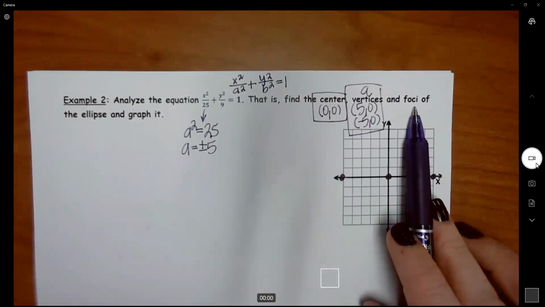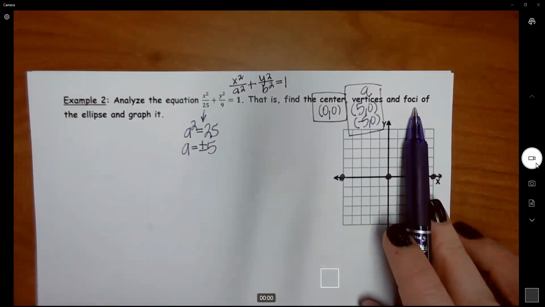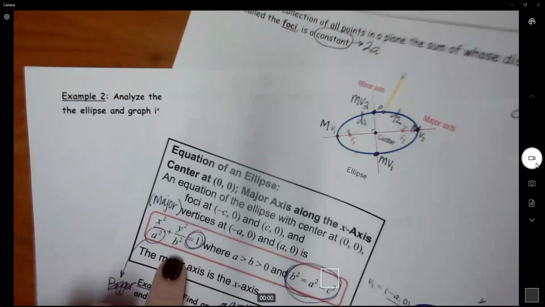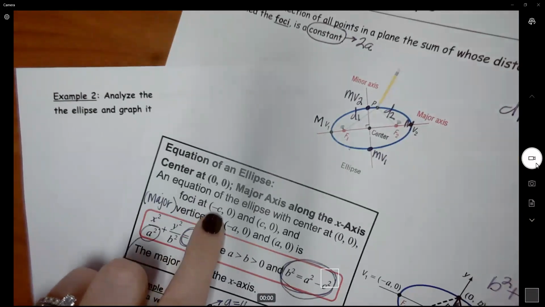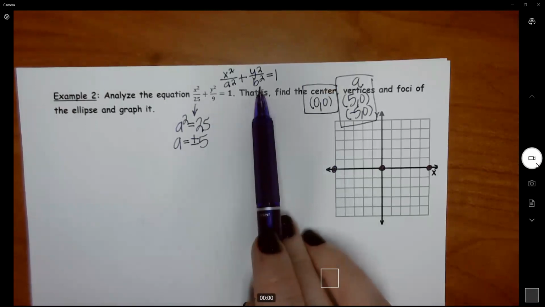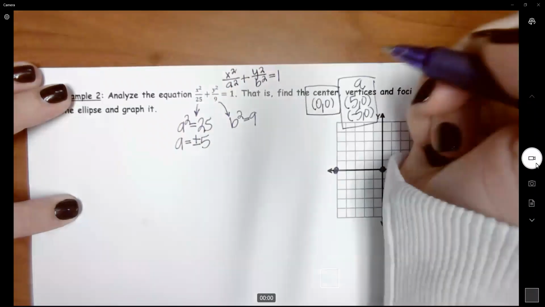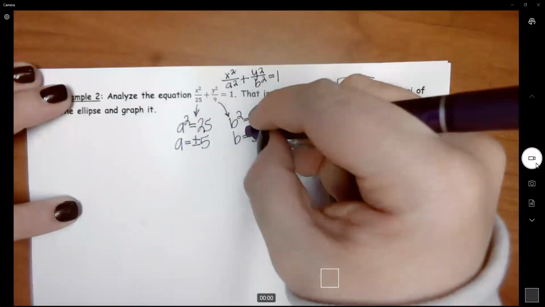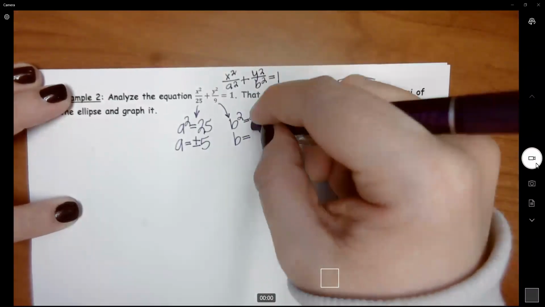I need my foci, and I don't have that information. My foci is represented by C. I don't have C. What I do have, though, is my B squared. So here, B squared equals 9. So that means B equals plus or minus 3.